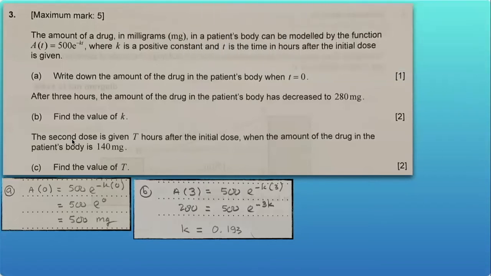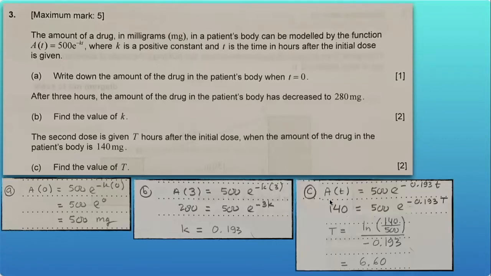Now, next question. The second dose is given T hours after the initial dose, when the amount of the drug in the patient's body is 140 milligram. Find the value of T. Using nsolve again in your TI, let's write the equation first.